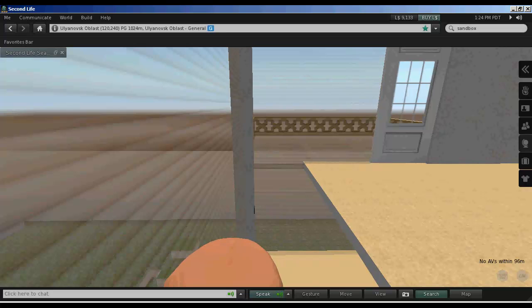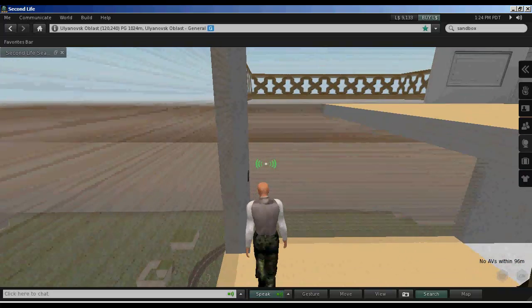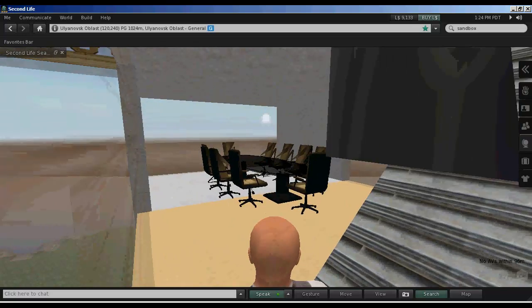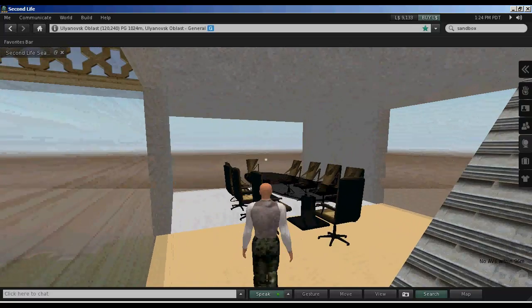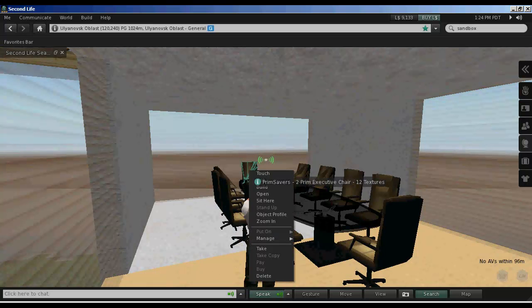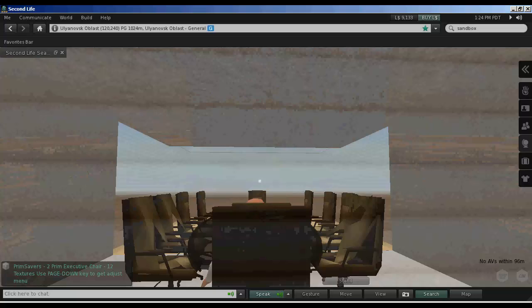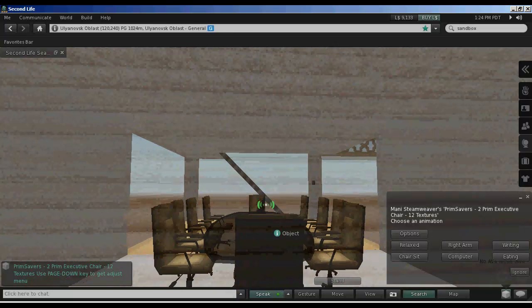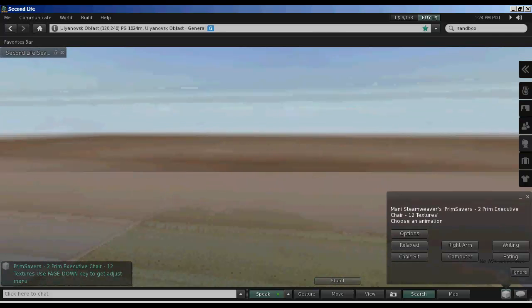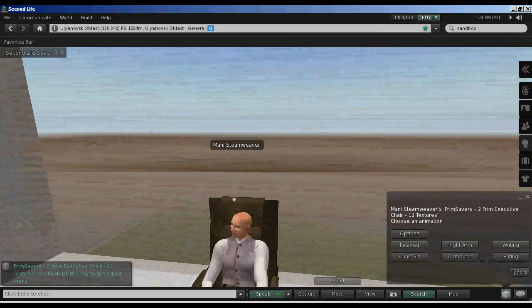And what I'll do is I'll seat the avatar at the far chair. Here I am. Okay, this is where the role plays took place.